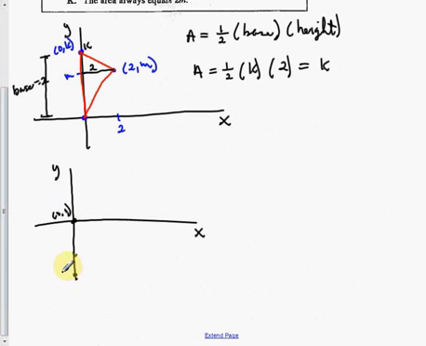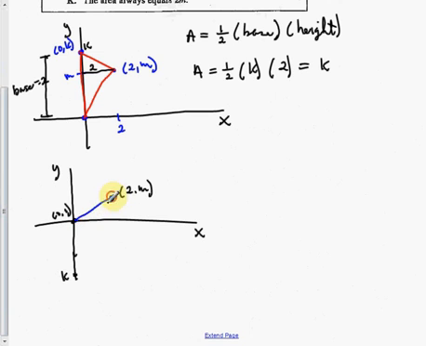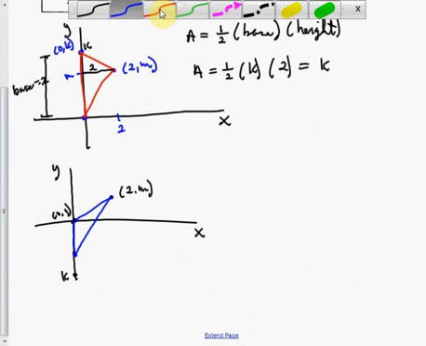It could be. Doesn't matter. 2, M is fixed, so that point is still up here. So the triangle then is here, there, and there.